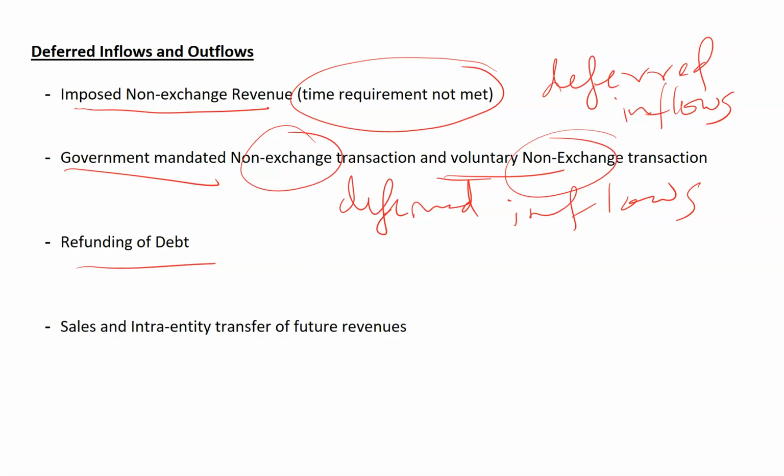Sometimes sales can happen within the fund, inter-fund or intra-fund, but again you cannot record the entire amount as revenues if there are certain criteria. That means although you are receiving all the proceeds initially, if that sales revenue is recognized or earned over the years, then you have to show it as deferred inflows. So these are very common examples of deferred inflows and outflows.